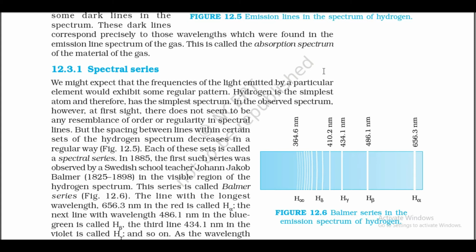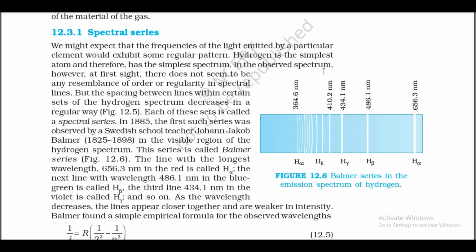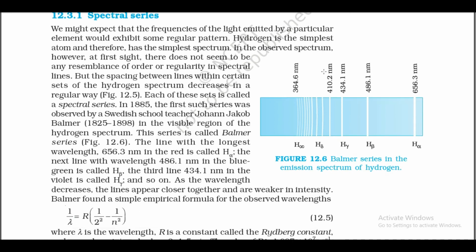The next line with wavelength 486.1 nanometer in the blue green is called H beta. The third line, 434.1 nanometer in the violet, is called H gamma, and so on. As the wavelength decreases, the lines appear closer together and are weaker in intensity.